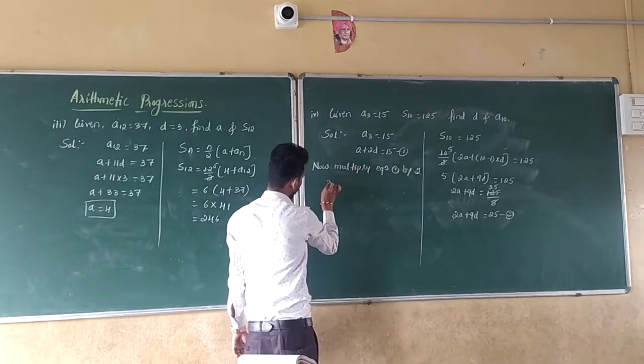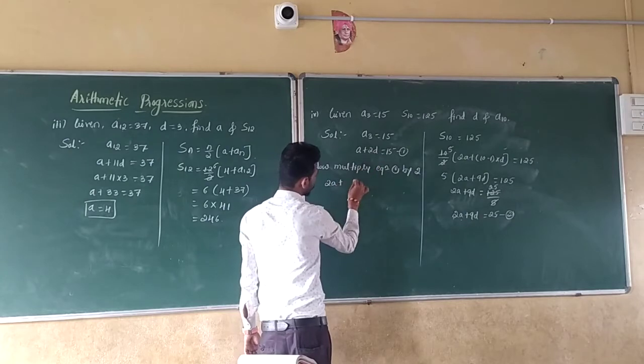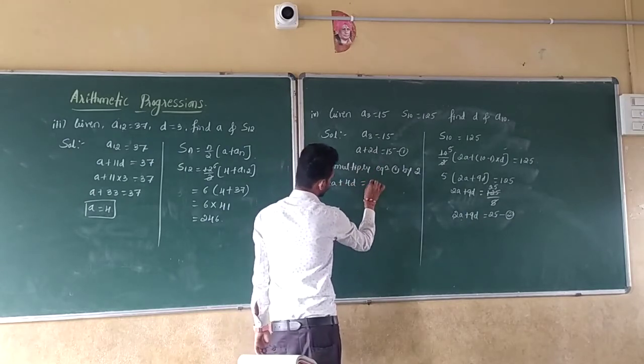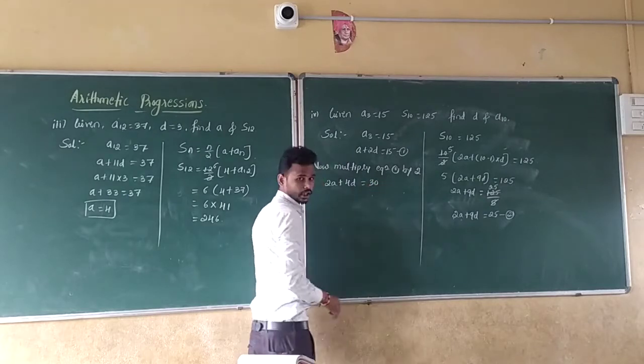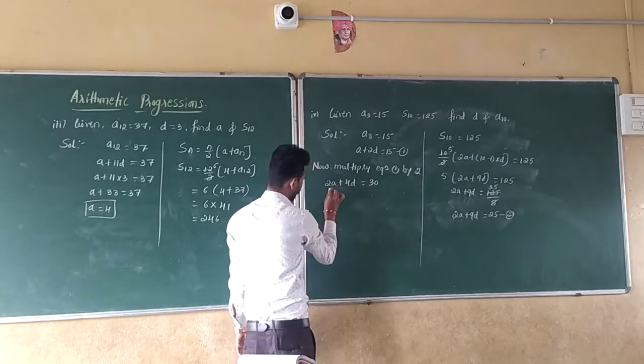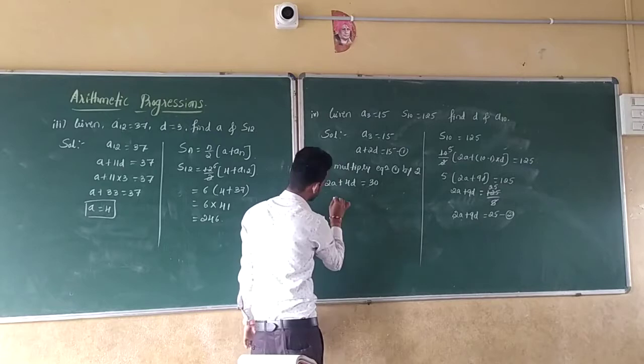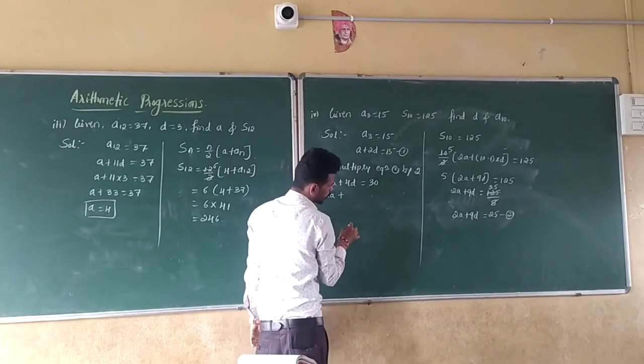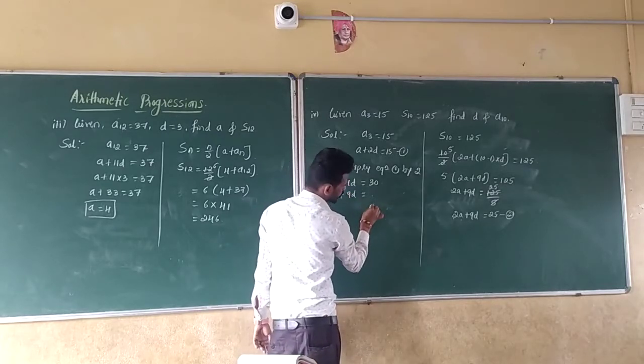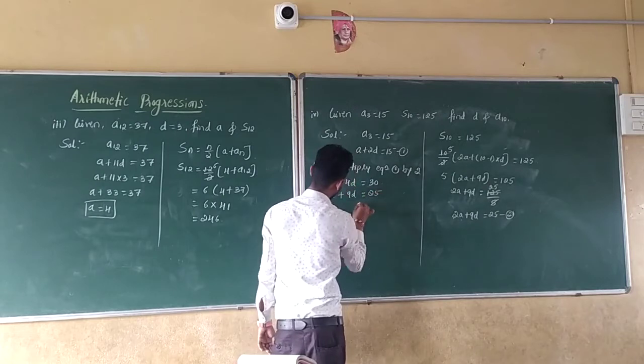Multiply 2 into a, 2a plus 2 into 2d, 4d, which is equal to 2 into 15, 30. Write that equation below this one, 2a plus 9d is equal to 25.